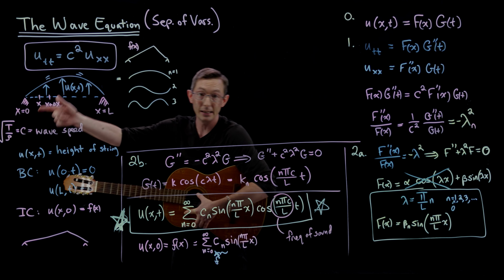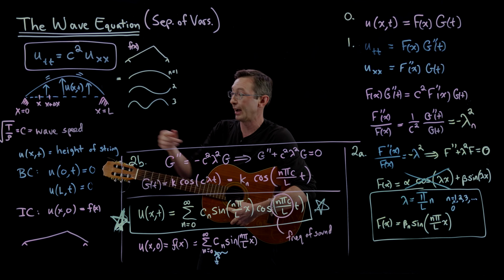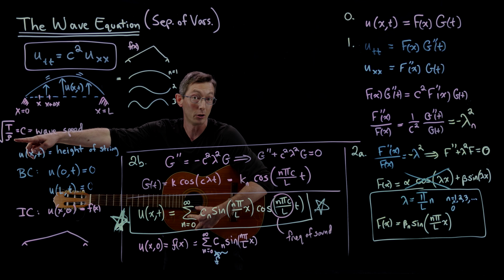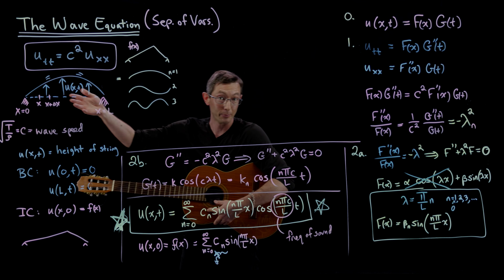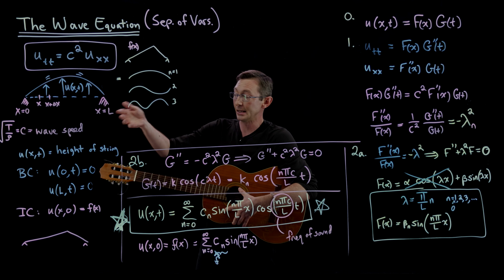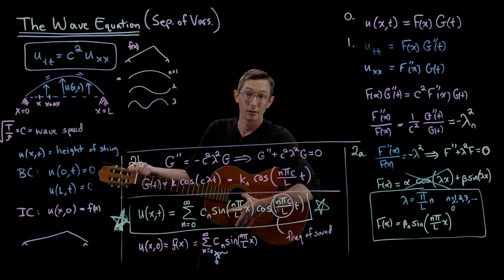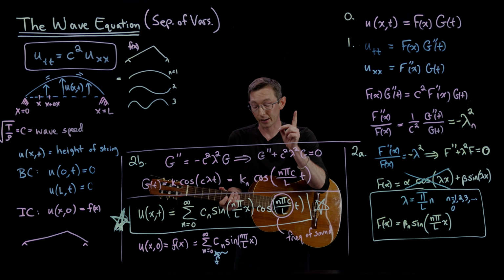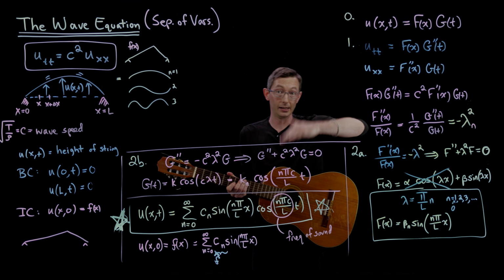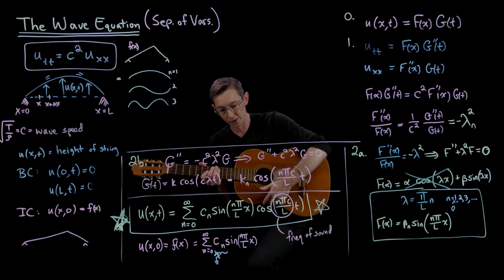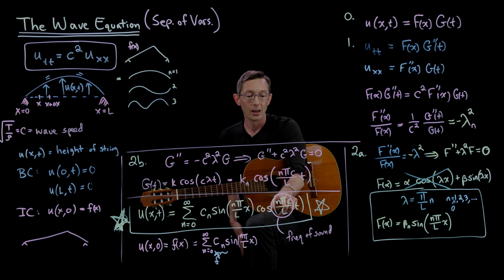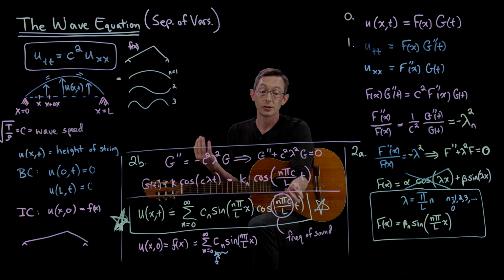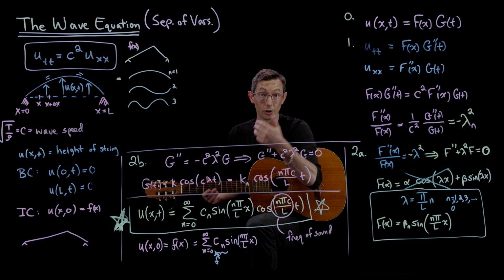So increasing c by having a smaller string makes a higher pitched sound. Increasing c by increasing the tension also increases the pitch. But the other thing that could increase the frequency, the pitch of the sound you hear, is changing L. If I cut L in half, this frequency should double.